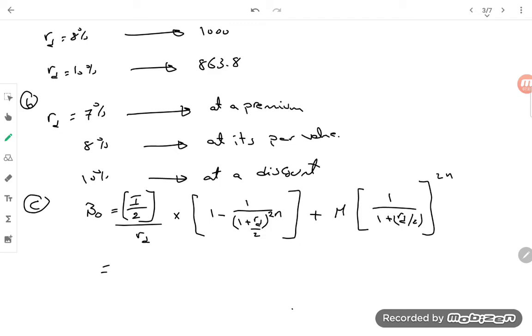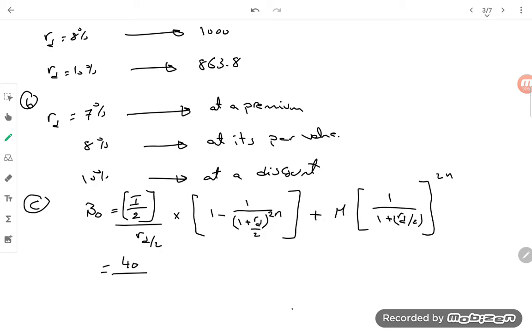I was 80, so now it's 80 divided by 2, which is 40, divided by RD, sorry, it's RD divided by 2.